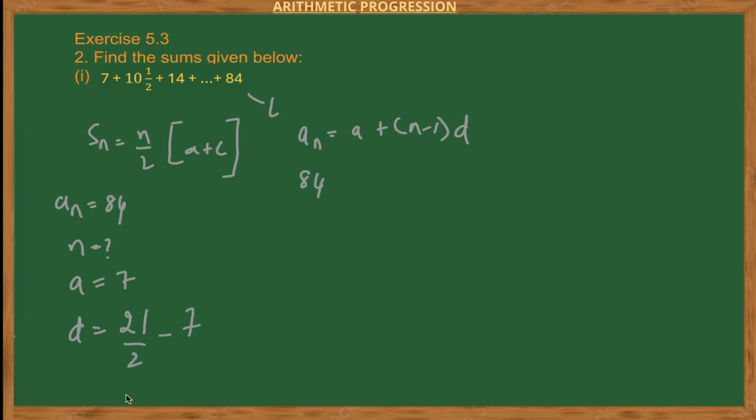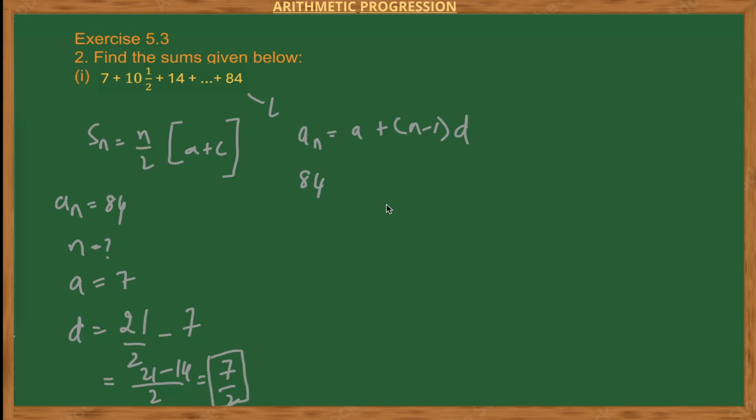So let's take the LCM. 2, 21 minus 7 times 2, 21 minus 2 sevens are 14. Okay, so 14, so it becomes 7 by 2. So this is our d value.